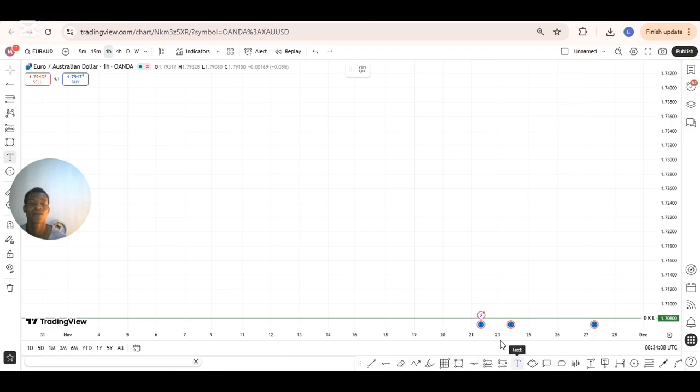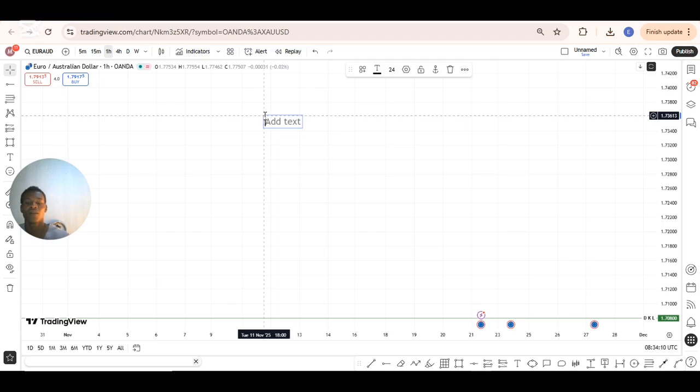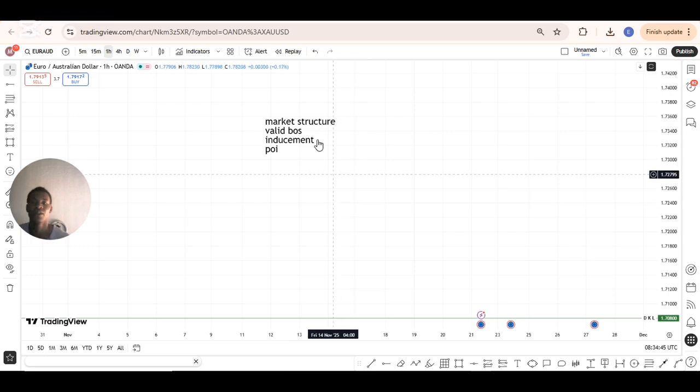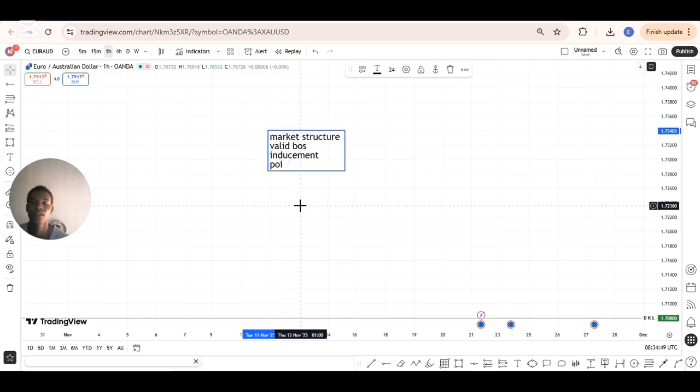We're going to be starting out with market structure, valid BOS, inducements, and then lastly POI.